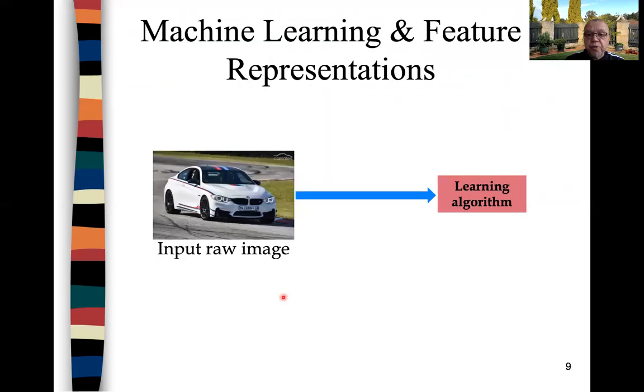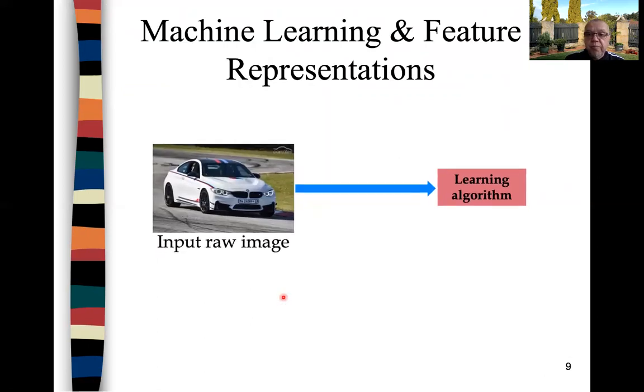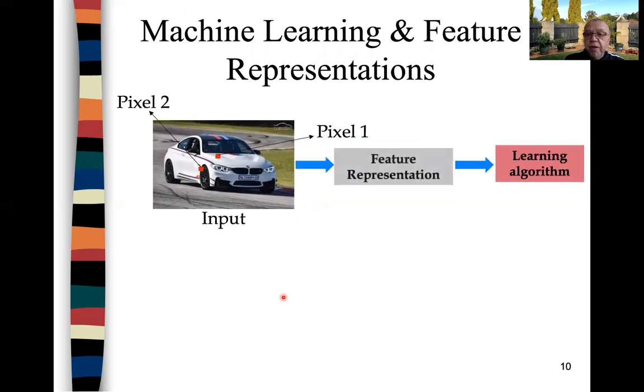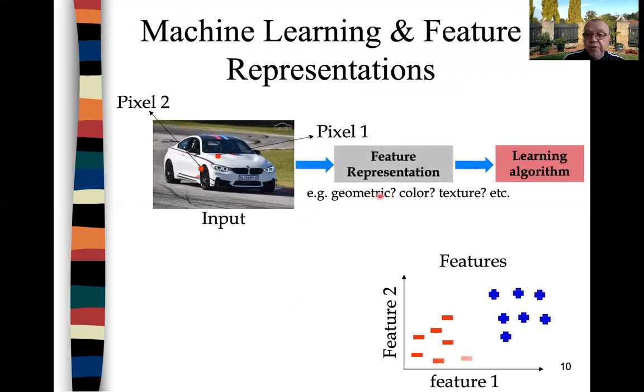So the computer would see only these numbers. And we want to process them to be able to extract features, whether they are geometric features, color features, or texture features. And we would like to go to a feature space where it is easy to classify, or to come up with decision boundaries to separate the classes.